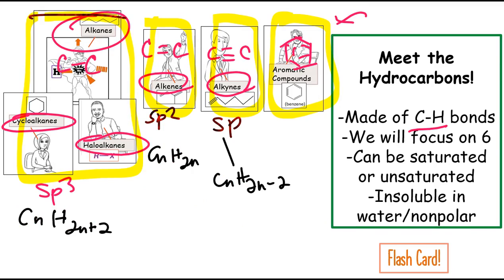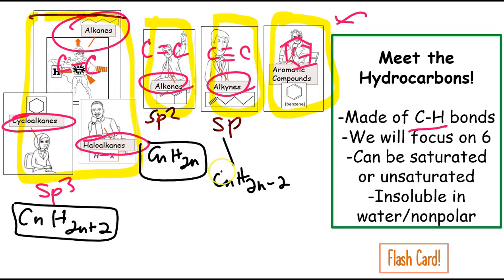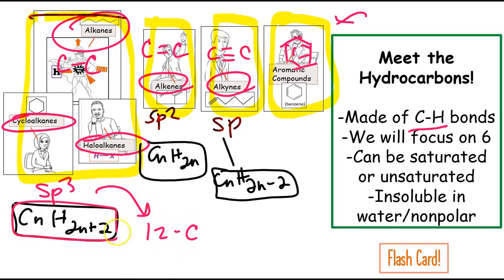And when it comes to figuring out if something is saturated or unsaturated, you actually can understand the amount of hydrogens based on these little generic formulas. And we'll see these generic formulas as we go along, but these formulas are basically telling you how many hydrogens you can have based on the amount of carbons. So let's say I have 12 carbons, okay? And I have all single bonds in that carbon. So what is the maximum number of hydrogens? I'll have n, and in these little generic formulas n is equal to the number of carbons.